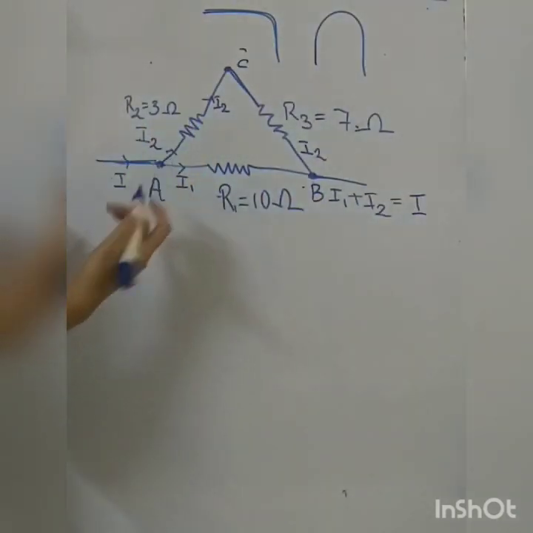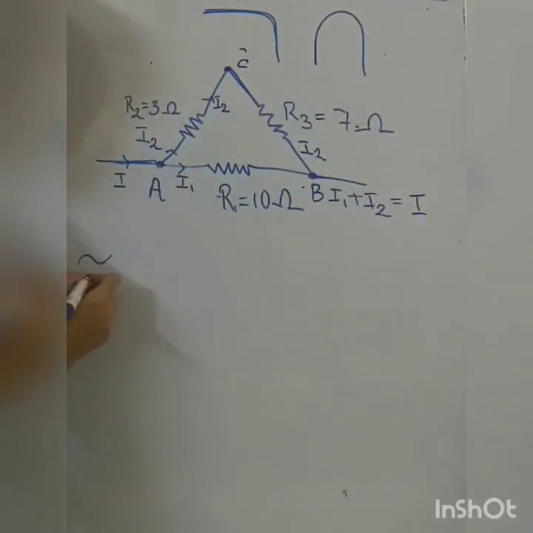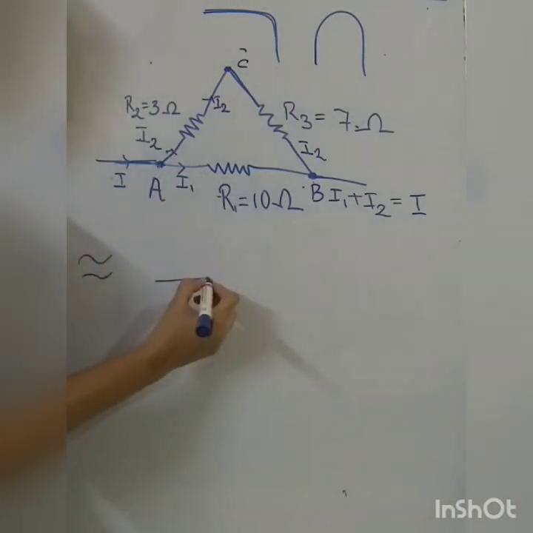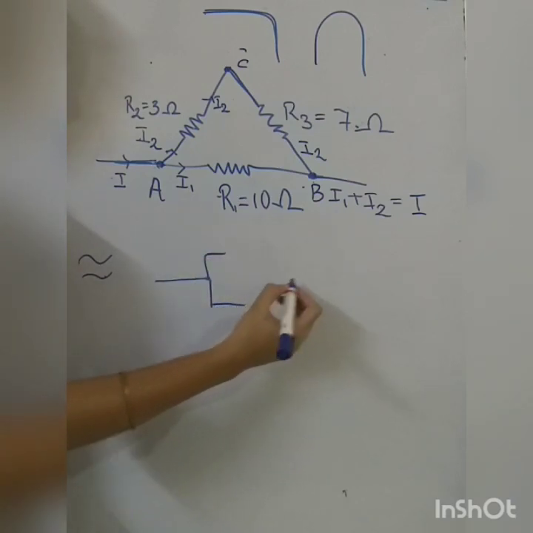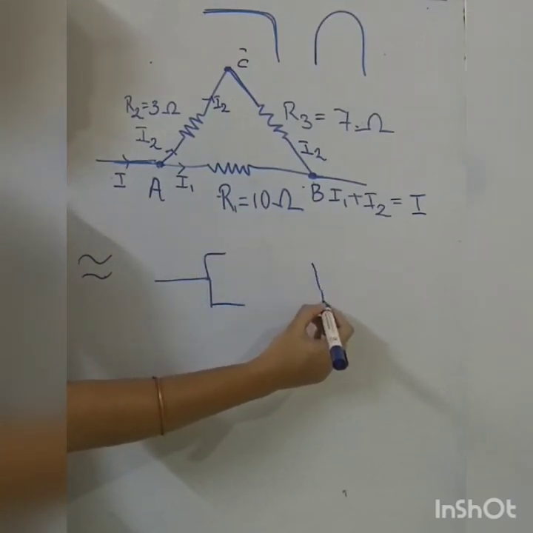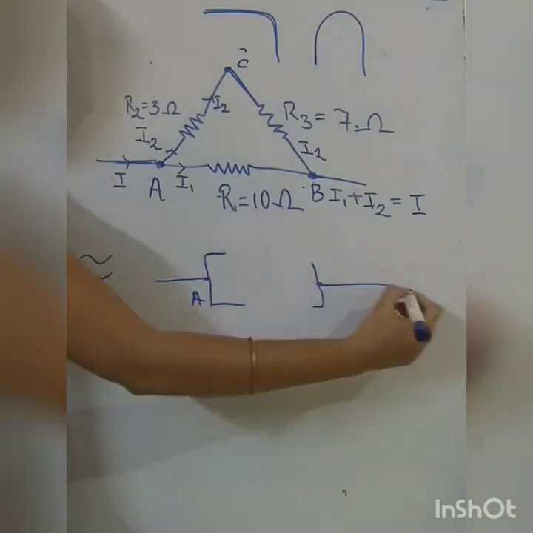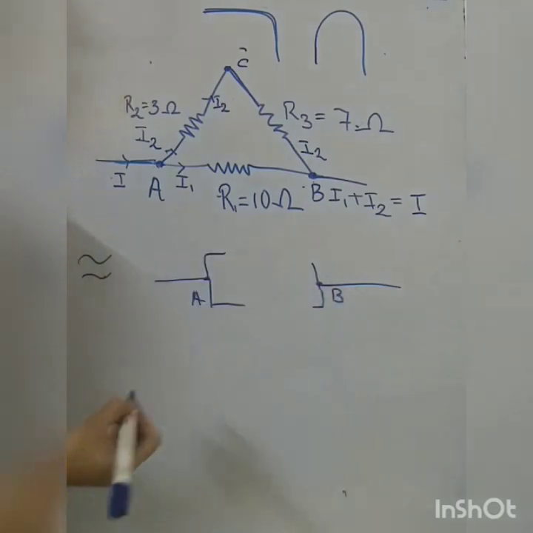So we will just draw the same circuit in a simplified manner. In between A and B, you got to know there is parallel connection, right? So this is your terminal A and here your terminal B.